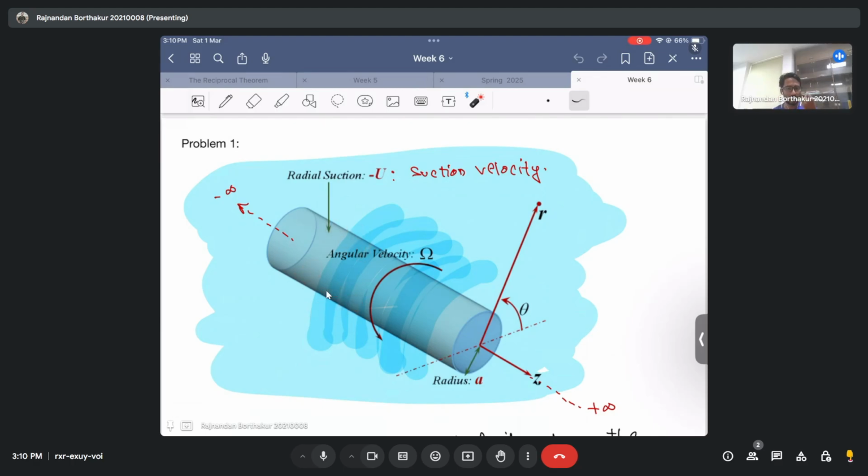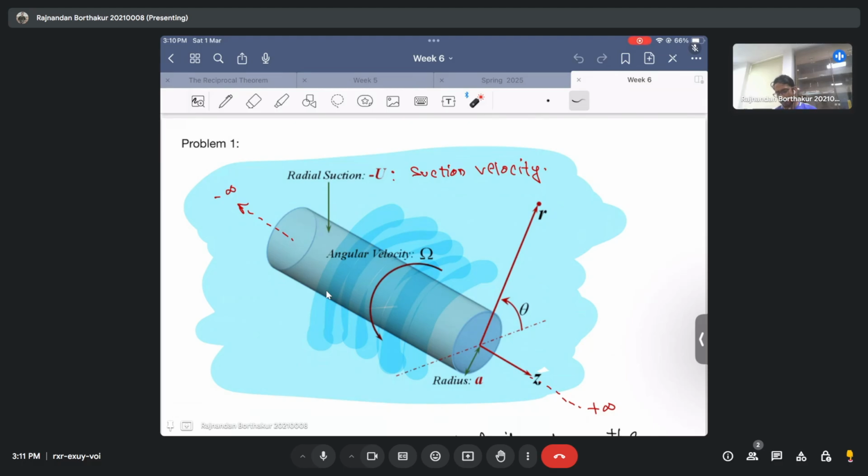This means the earlier no penetration boundary condition that we used will get slightly modified because of the radial suction. As a result, you could appreciate that the flow field is going to be 2D.